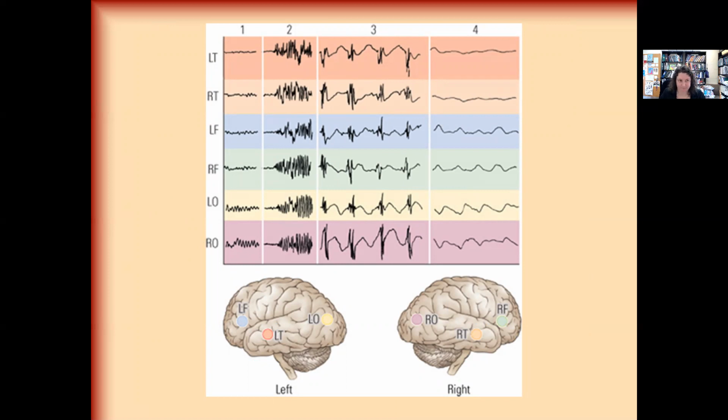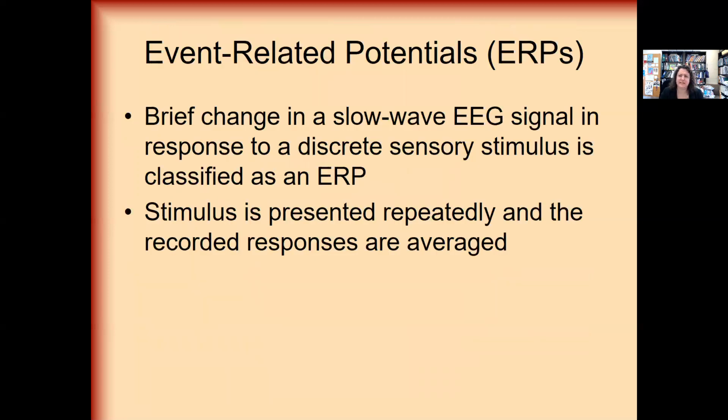ERPs, you look at a brief change in a slow wave EEG signal in response to some sort of stimulus. That's an ERP. So you present the stimulus repeatedly and you average the recorded responses because it'll be slightly different every time, and you want to make sure it wasn't a fluke that they were responding to something else.